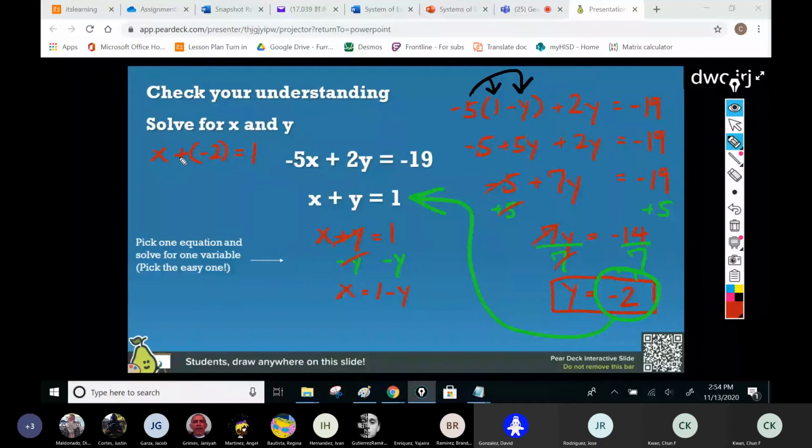And then the positive and the negative, it will become just a negative. And then to solve for x, we have to do a plus 2, plus 2. So x equals to 3.